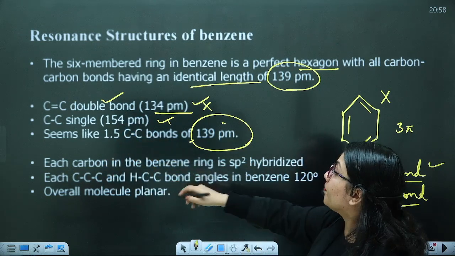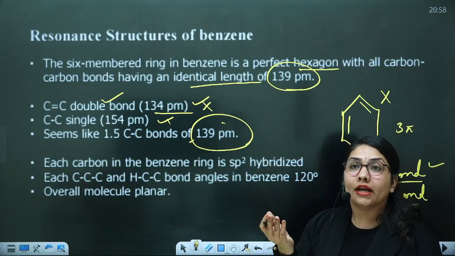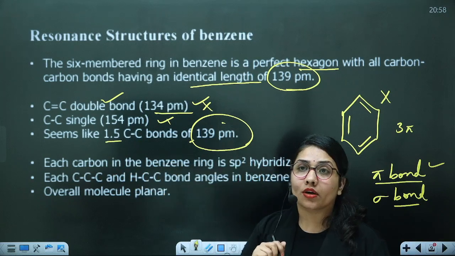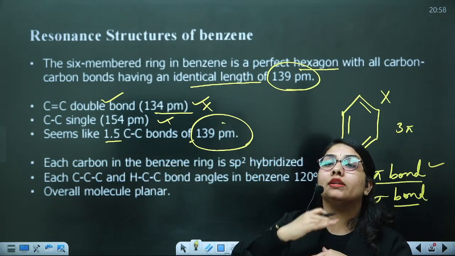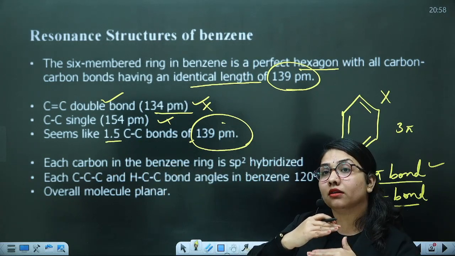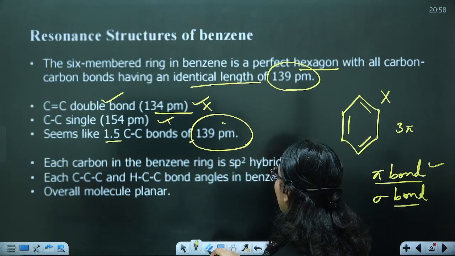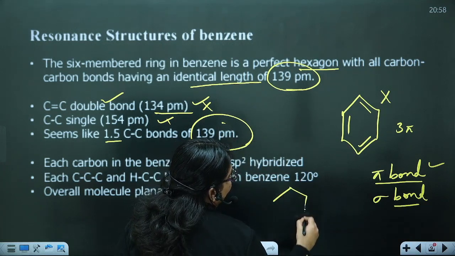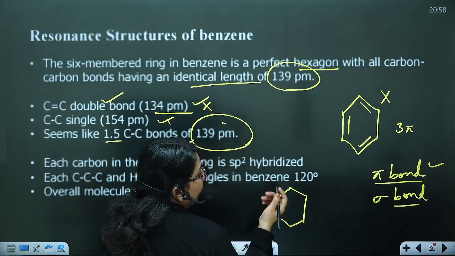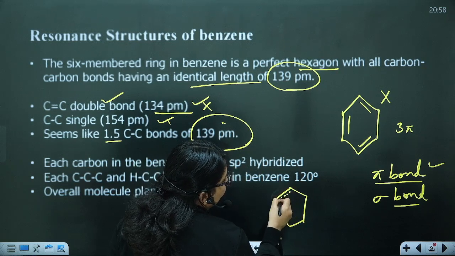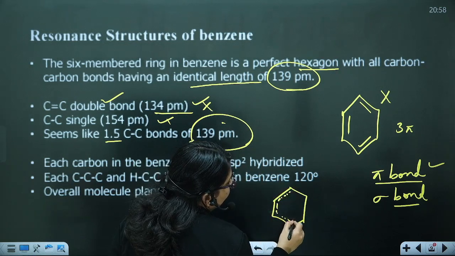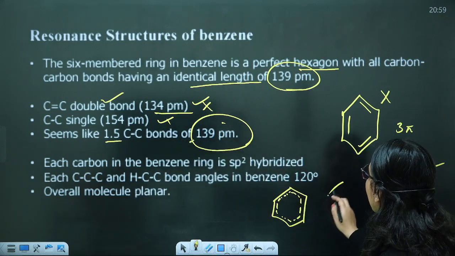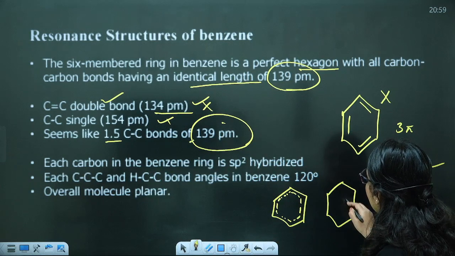So we got a bond length which corresponds to around a 1.5 carbon carbon bond. It means the bond is more than a single bond and less than a double bond. So we normally make the structure of benzene like this. We make a ring and imagine that every single bond has some partial double bond character, and it can also be shown like this.